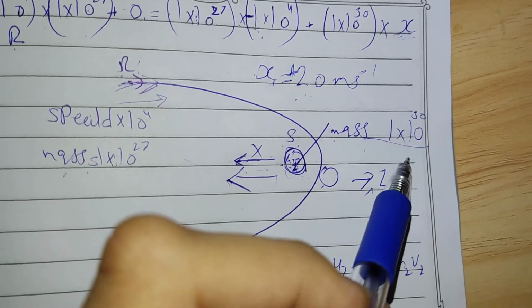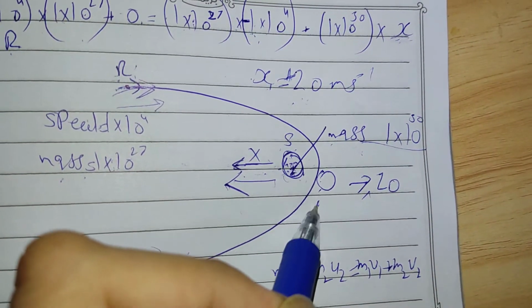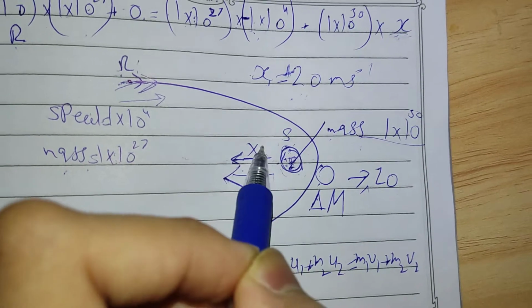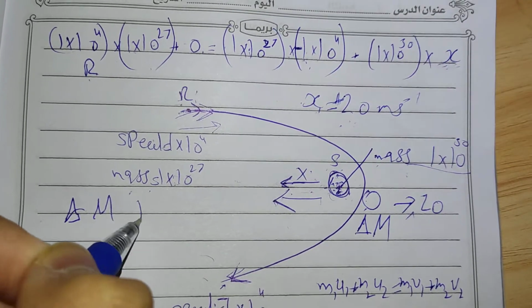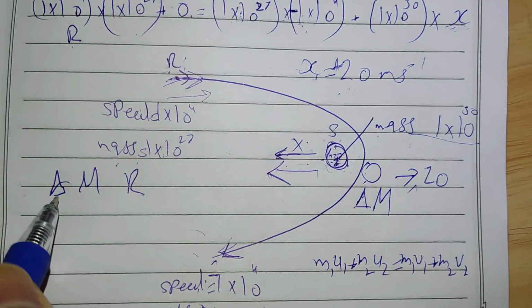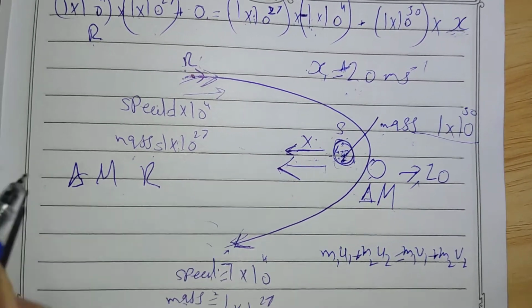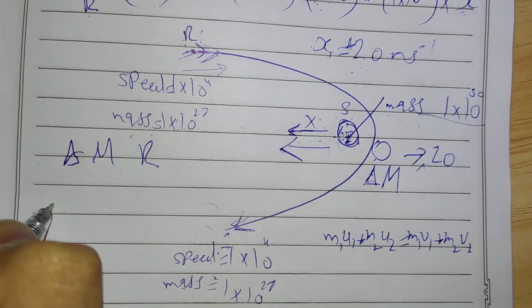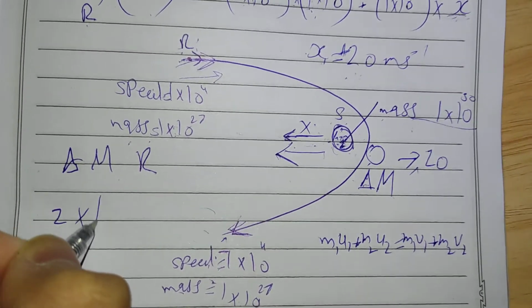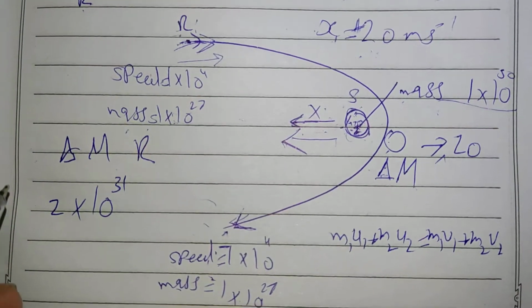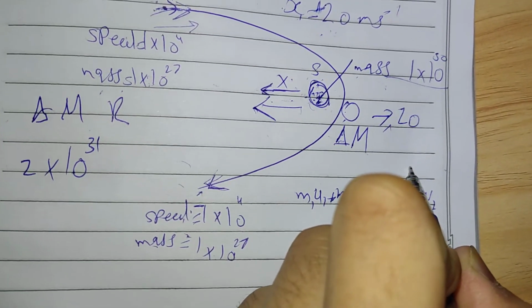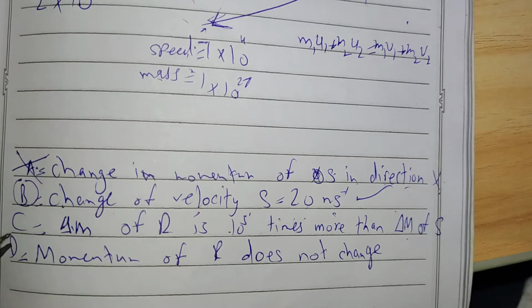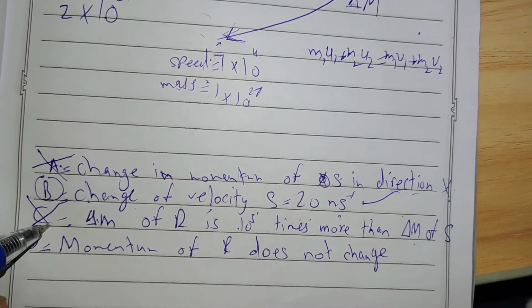So you can find the change of momentum of s, and you can also find the change of momentum of r. And when you find both of these, you're going to get the same value of 2 times 10 raised to power 31. And since both are the same, there is no increase. That means this C is also wrong.